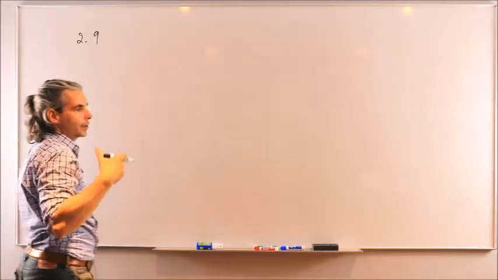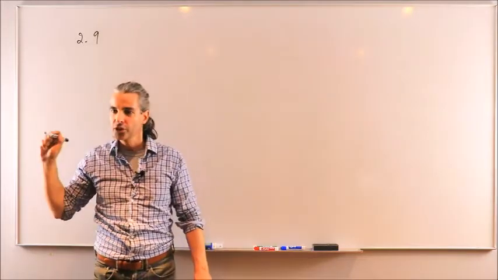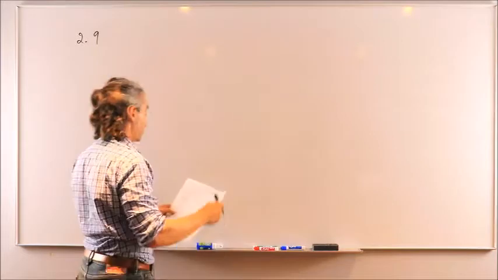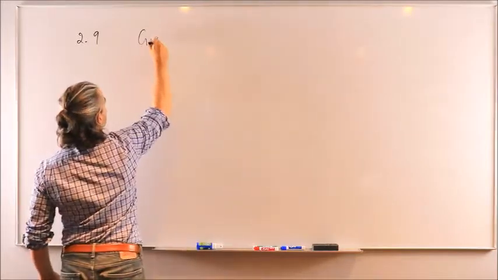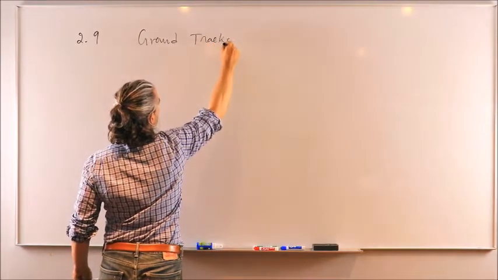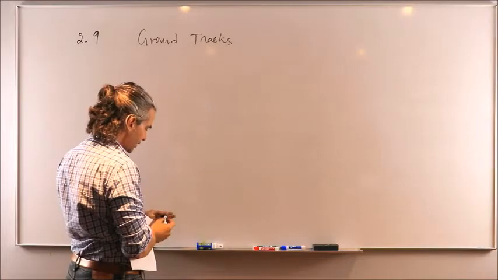So all this is handled by ground stations. And the way that ground stations are able to monitor at any time the position of any spacecraft in their vicinity is through the use of ground tracks. Okay? So hopefully you've all seen ground tracks in movies or whatnot.